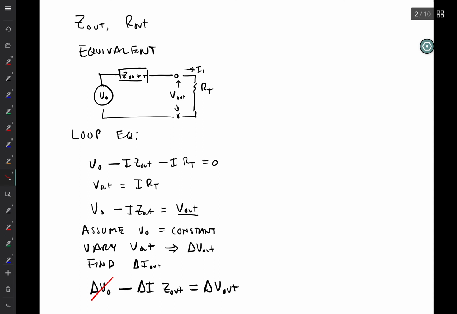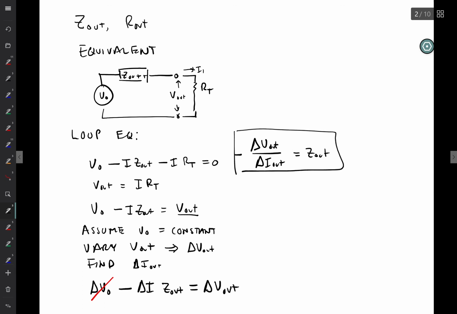So this produces the result that delta V out divided by delta I out, with a minus sign, is actually equal to Z out. So this then becomes the equation that I want to solve.